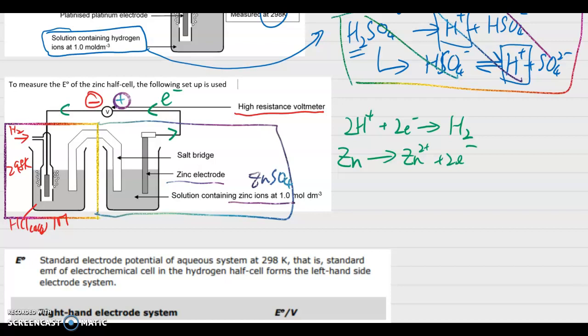So you will notice the potential measured is a negative value, because it is connected to the positive terminal of the voltmeter, in the wrong direction. This is the standard electrode potential of zinc metal.